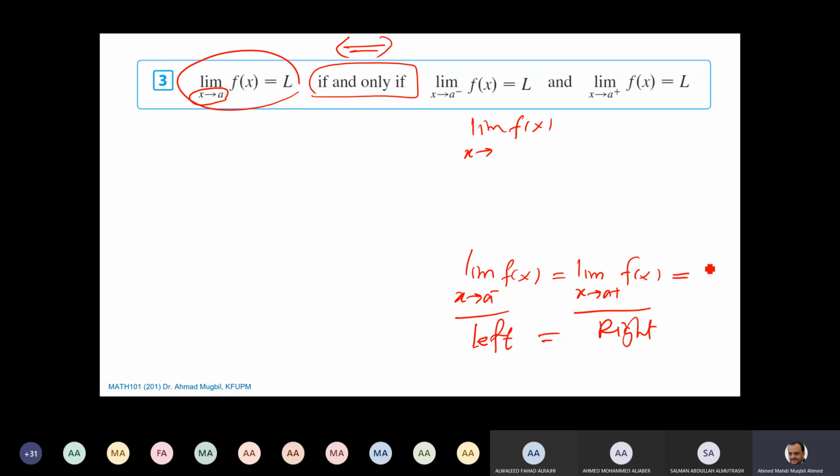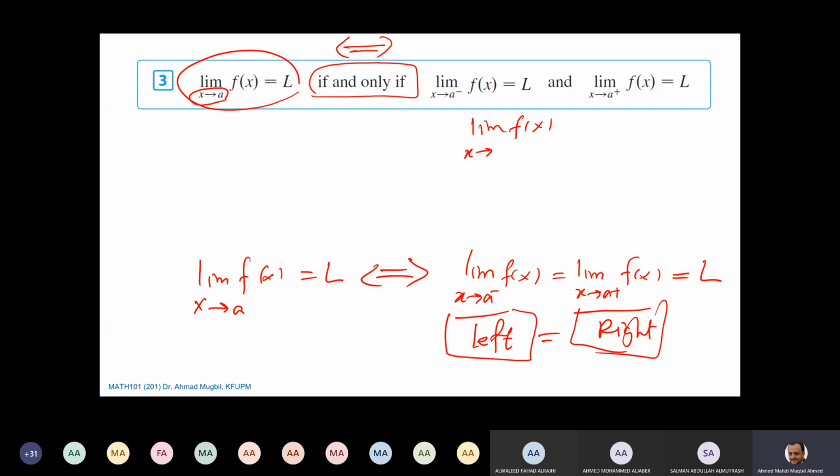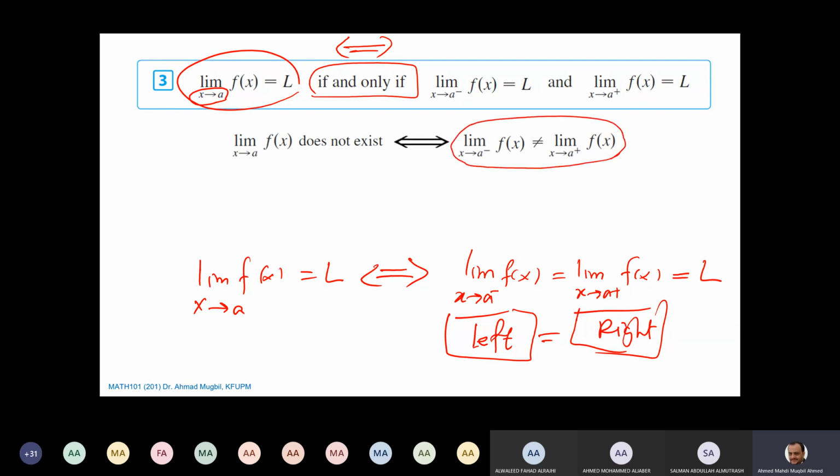For example, if both of them are equal to L, then the limit of the function will be L. So we can write: the limit of the function when x approaches a is L if and only if the limit from the right and the limit from the left are L also. In other words, if the limits from the right and from the left are not equal, then the limit does not exist.